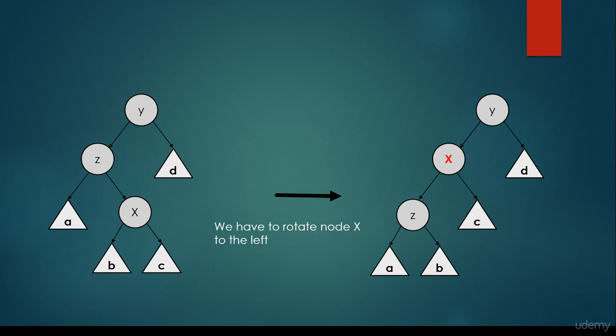Why are we rotating? Because we want to make sure that after the rotations, this given X is going to be the root node. This X is the node we are looking for. For example, we would like to find 23 in a search tree. And then after finding it, we want to make sure that it's going to be the root node.